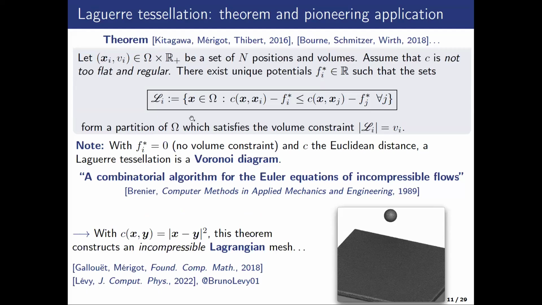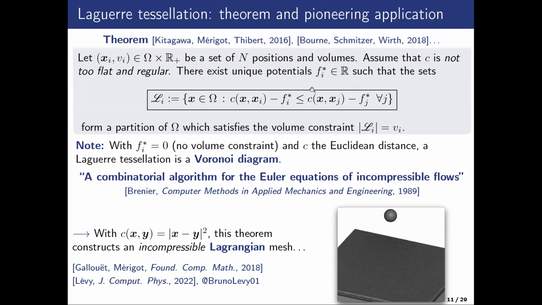So it says that if you take positions and volumes, so omega is some compact set, the volume is just a non-negative number. Then if you take a function c, which is the cost I told you, that is not too flat, so you can think of typically the L2 cost, the square function, then you can always find a set of n potentials, so real numbers, so that you can form a partition of your space that satisfies the volume constraint.